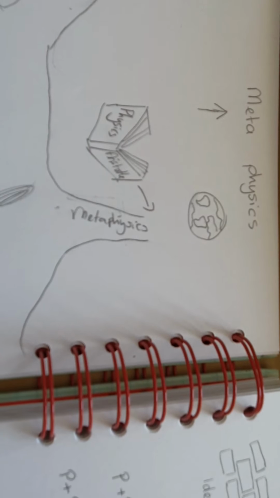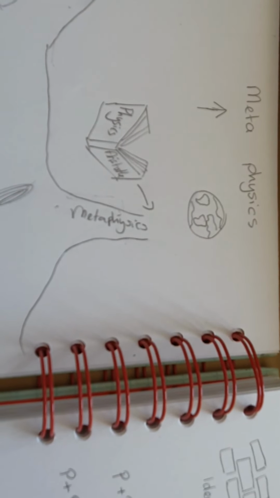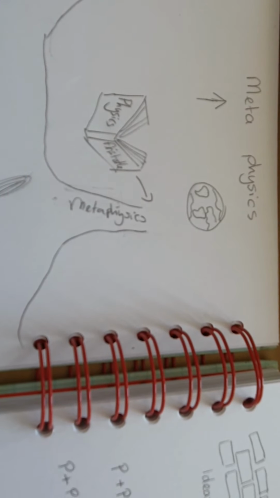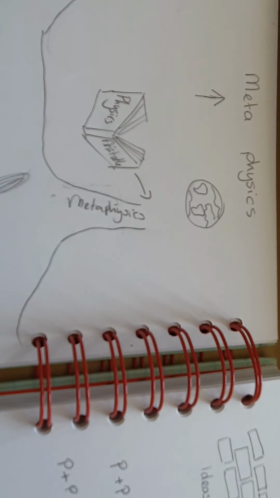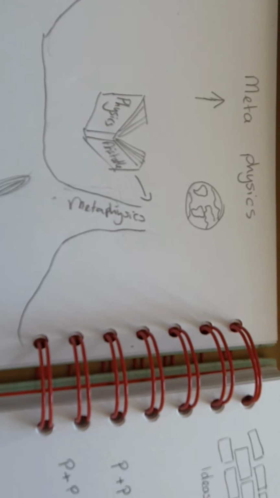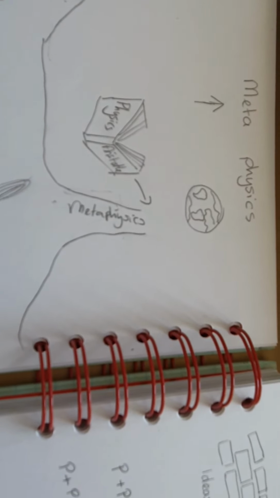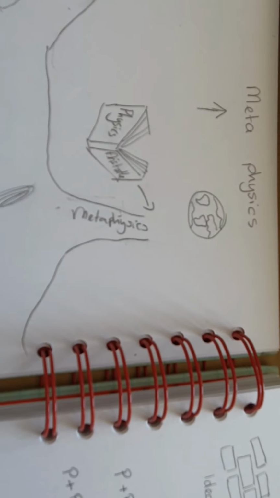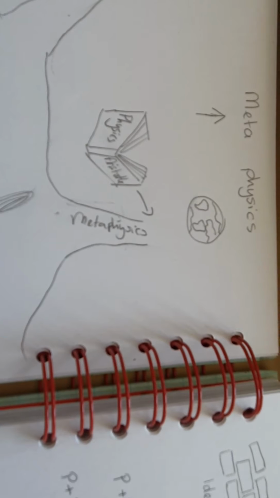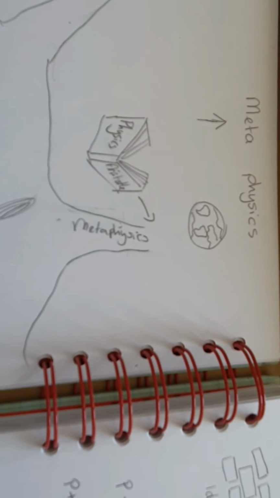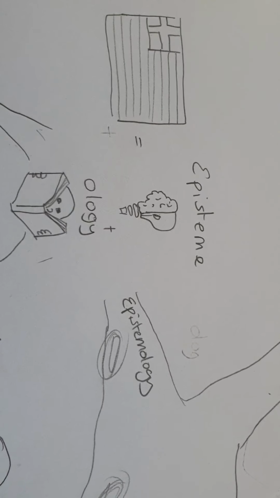Aristotle wrote the book Physics, which is about movement and change, and the people that followed Aristotle came after him, and as they considered themselves to be going beyond what Aristotle had written in his book Physics, they deemed what they were doing as metaphysics, because it was literally going above and beyond physics, as in Aristotle's book Physics.